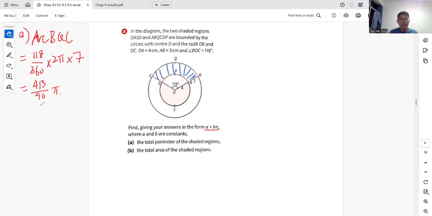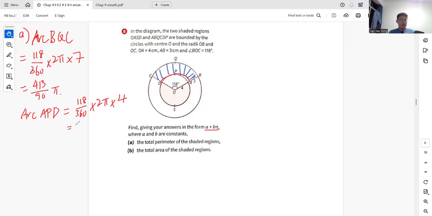All right, so now I want to find arc APD. Arc APD equals theta, which is also 118 over 360 times 2 pi, now times 4. Because this APD is part of the small circle, and the small circle has a radius of 4.